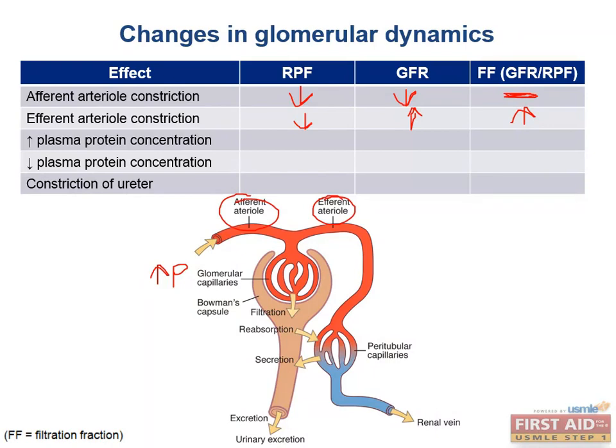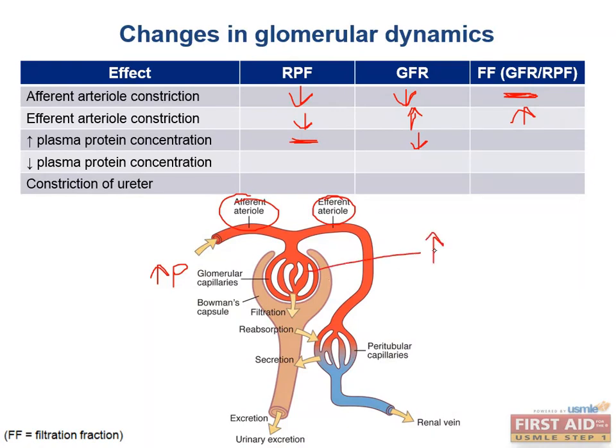Now, how about an increase in plasma protein concentration? So, if the plasma protein concentration increases, that's not going to have any effect on renal plasma flow, but it will have an effect on GFR, and it's going to decrease GFR. Now, why is that?